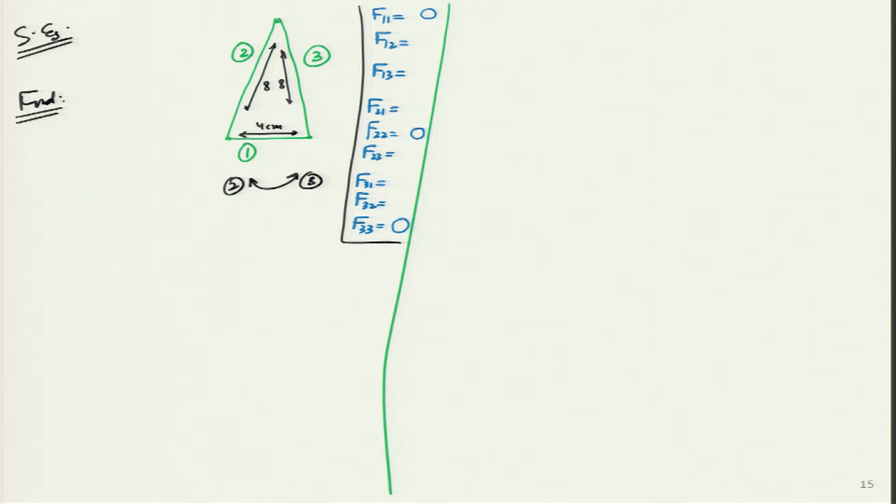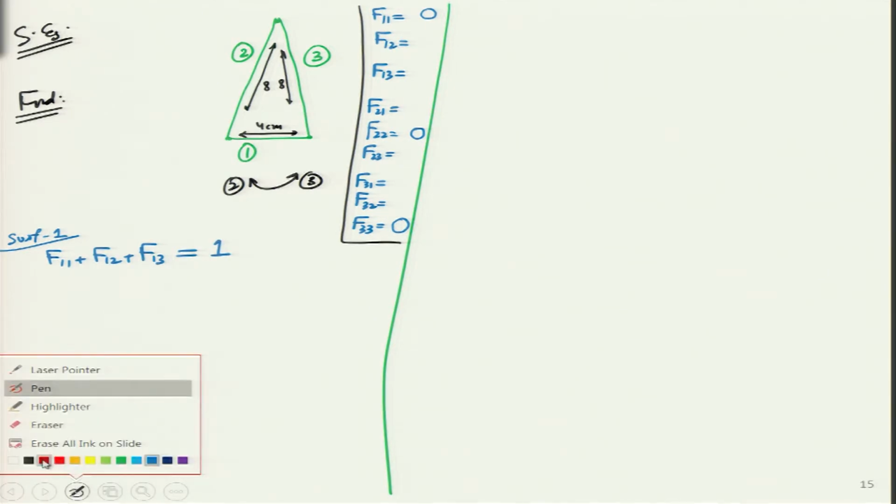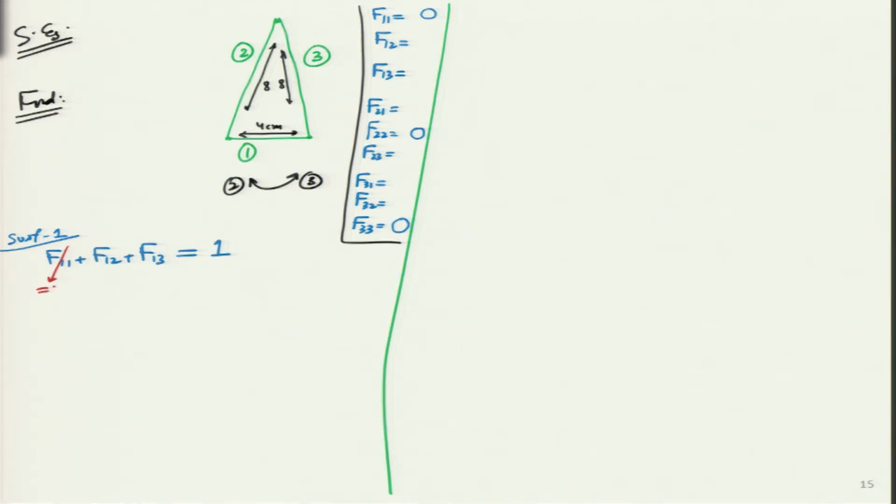So, let me go ahead and write the summation rule for surface number 1. The summation rule tells us that for the enclosure formed with surfaces 1, 2 and 3, the total value will be 1. I also know f11 equals 0, so the first term goes out.